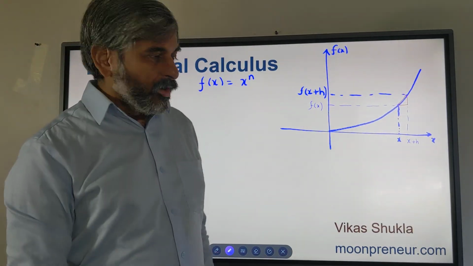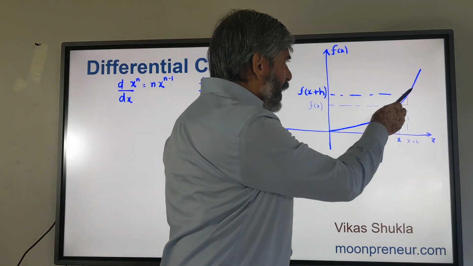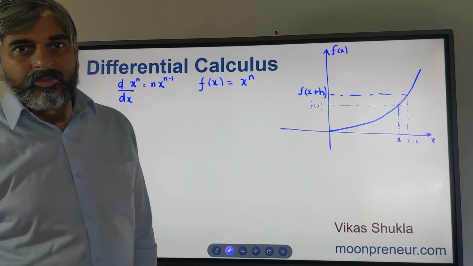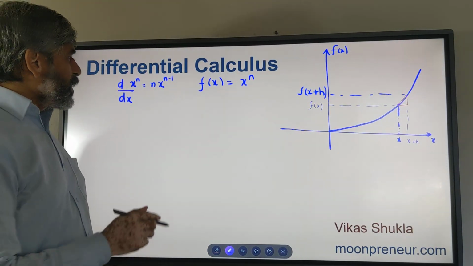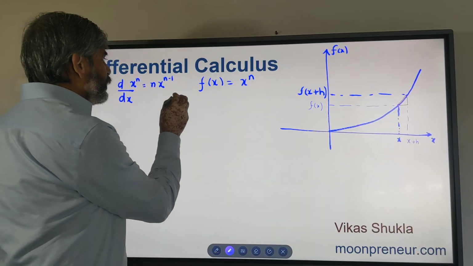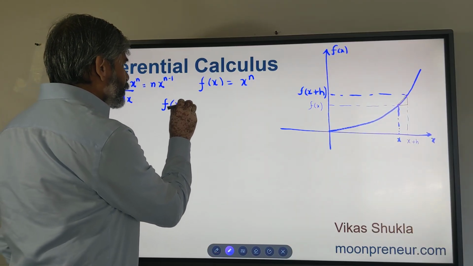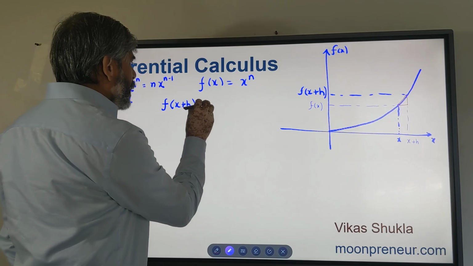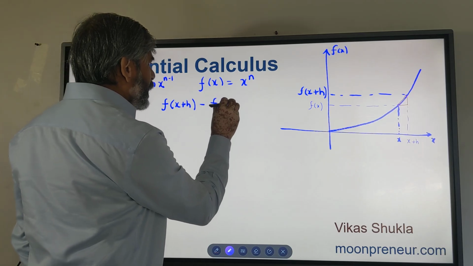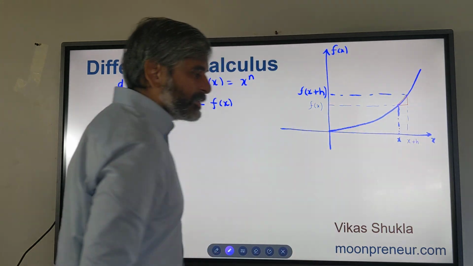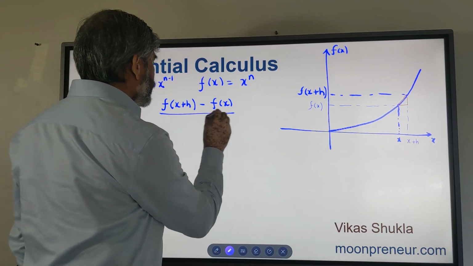The gradient of this line will be given by the rise divided by the run. So the rise is f(x plus h) minus f(x), divided by the run, and this run is h.